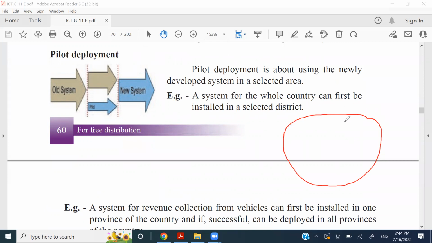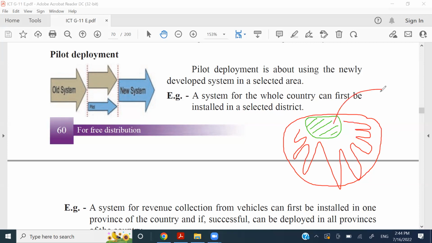But what they do is choose a particular part of the system, or let's say a department, and apply the new system there, and the rest of the things are still carried out on the old system. This particular portion is called the pilot program, or the pilot system.